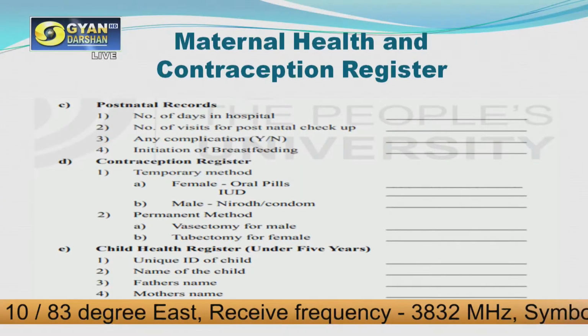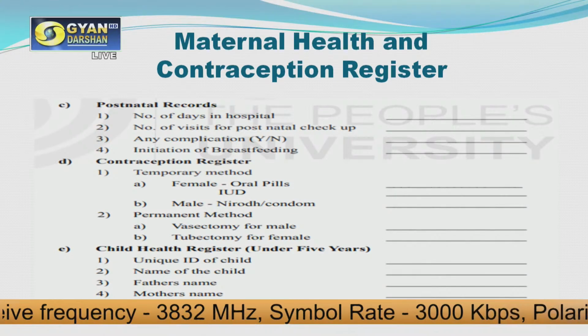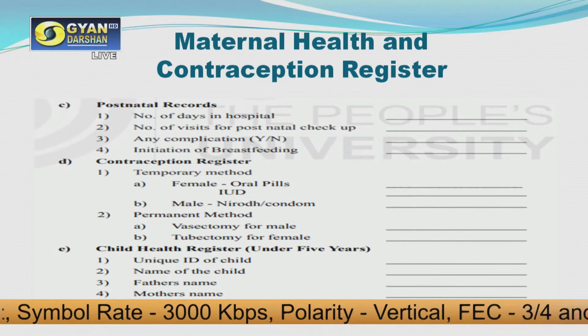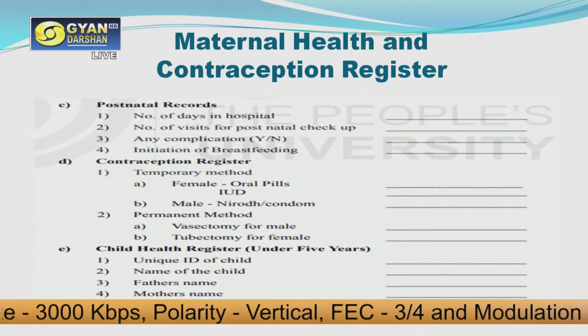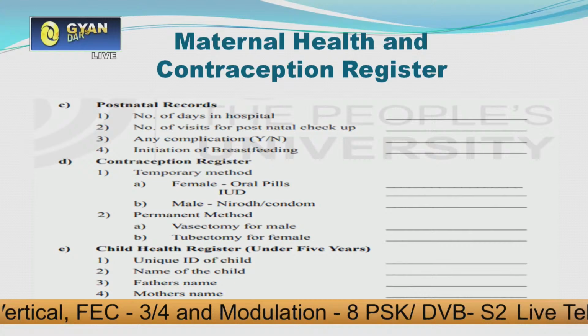Then the postnatal record, the number of days in the hospital. If the delivery took place in the hospital, how many days the woman was in the hospital, and when she was discharged, the number of visits for postnatal checkup, and whether any complication happened or not. You can ask.